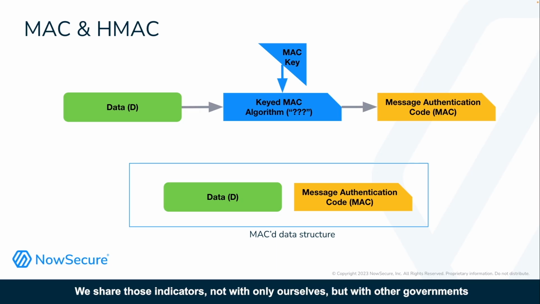We share those indicators, not with only ourselves, but with other governments on how they can prove this is a valid passport issued by us. The challenge is, even though we know that this message wasn't tampered with, given the secret key, how do we know that this is actually issued by the sender, and not by someone else who knows or has the secret key?